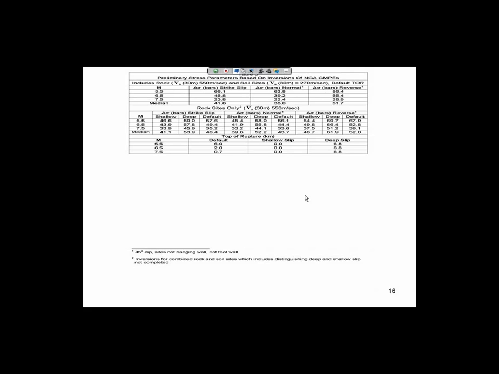And again, you see the same patterns you saw up above, in that as you increase in magnitude, for basically all fault types and all slip depths, the stress parameter decreases. And then if you look across the table from shallow strike slip to shallow normal to shallow reverse, you'll see that the normal is just a little less than the strike slip, but the reverse is quite a bit greater. And we see that trend looking at shallow, deep, and our default depths.